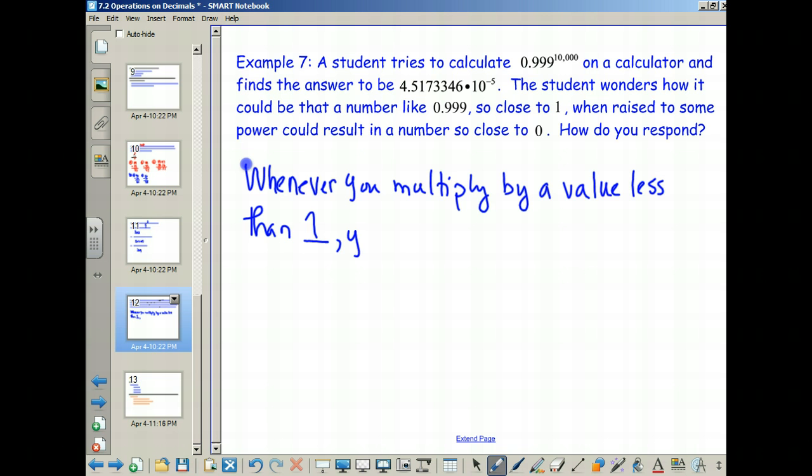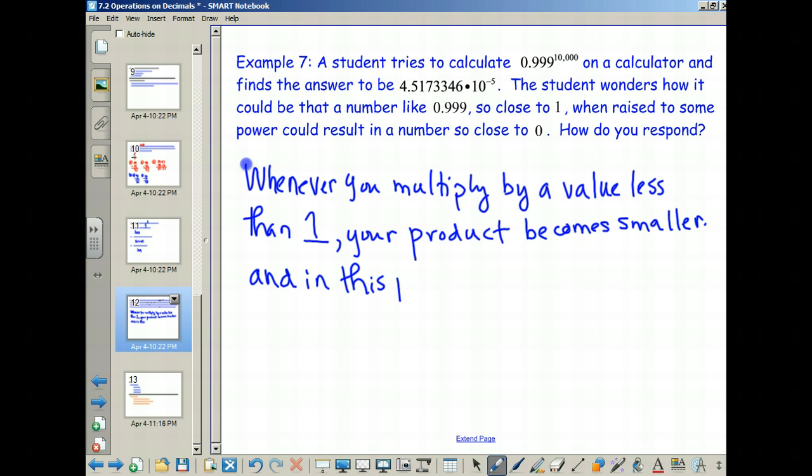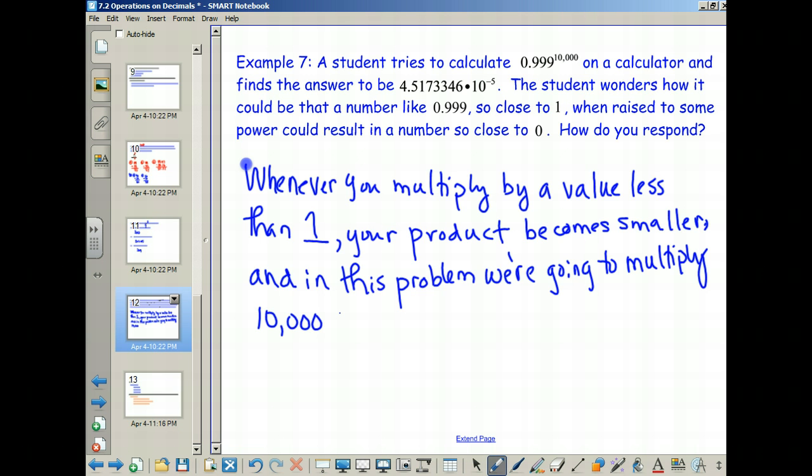Your product becomes smaller. And in this problem, we multiply technically 10,000 times, so a bunch.